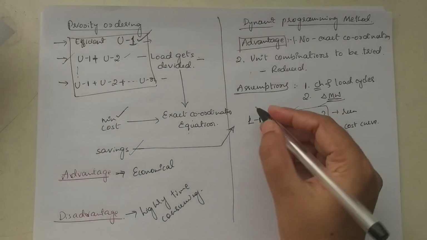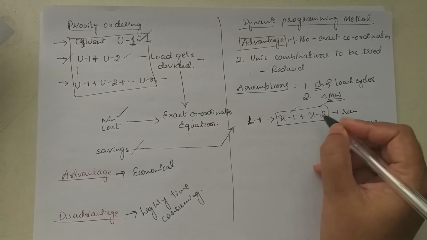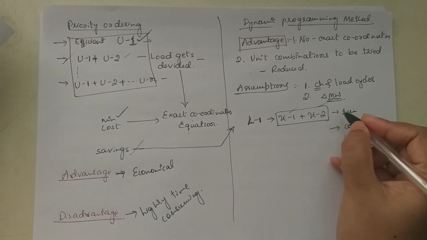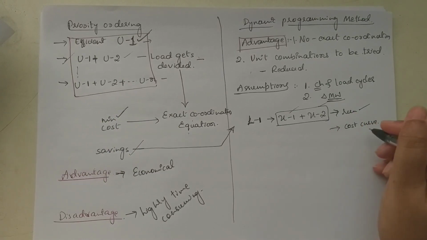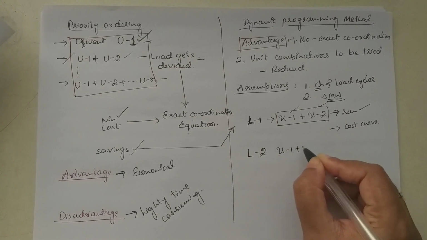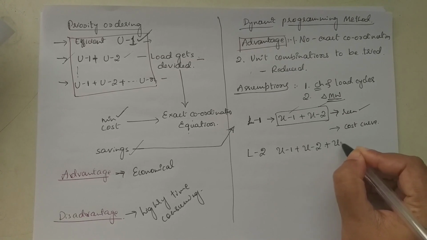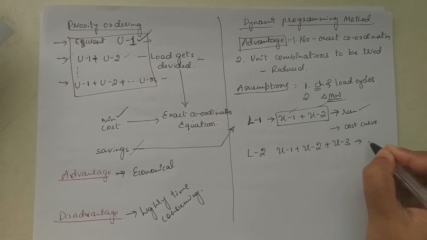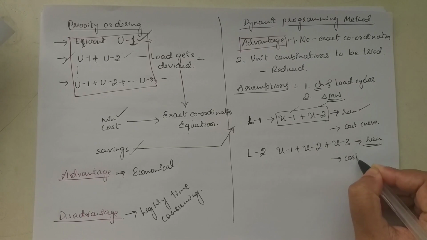Here it follows the priority ordering. In level 1, the most efficient unit is followed by the next efficient unit. Next the program has to be run so that a cost curve can be obtained. In level 2, unit 1, the most efficient, plus unit 2, the next efficient, plus unit 3 are loaded. Here the program is run and the cost curve is obtained.